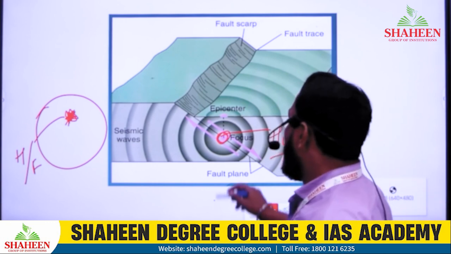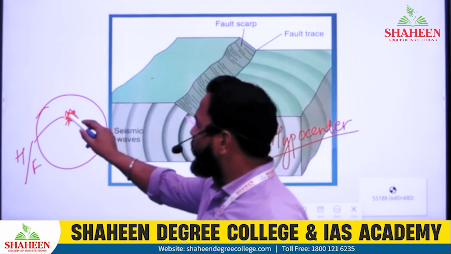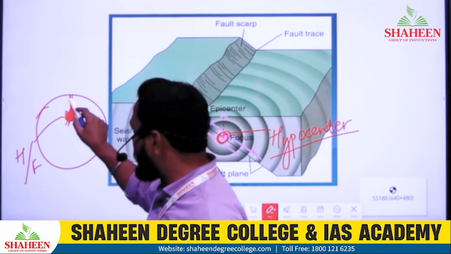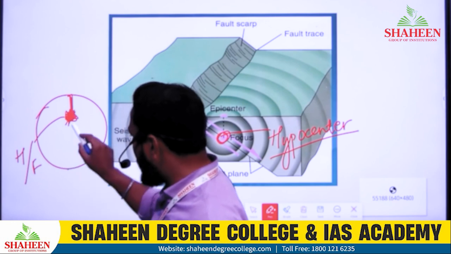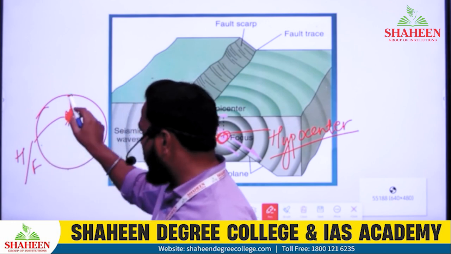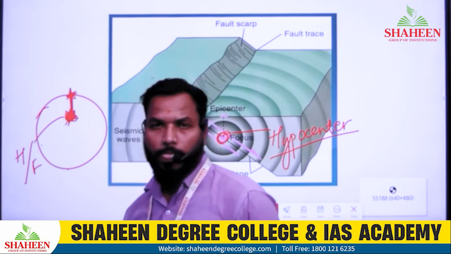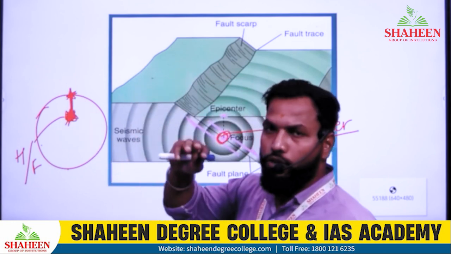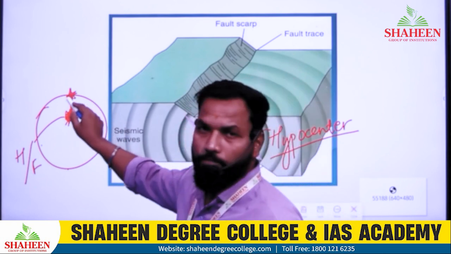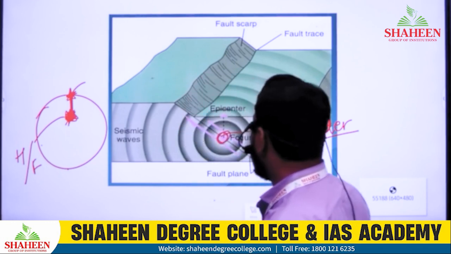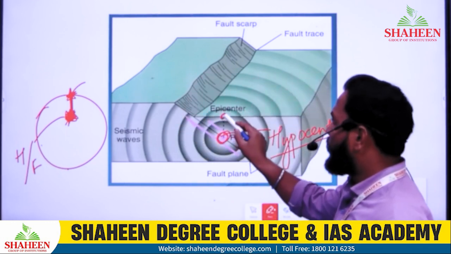Then, if the earthquake takes place here, the nearest part will be this. This is not the nearest, and not this. The nearest part on the earth surface, the topmost part of the earth surface, is called the epicenter.